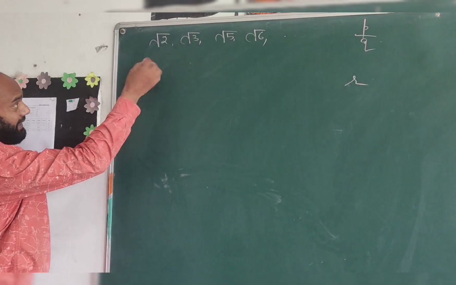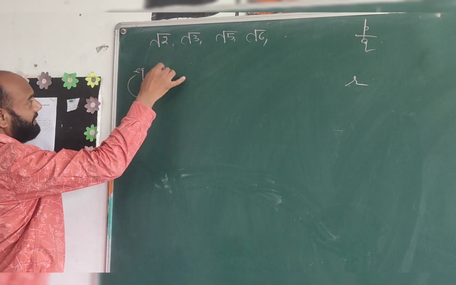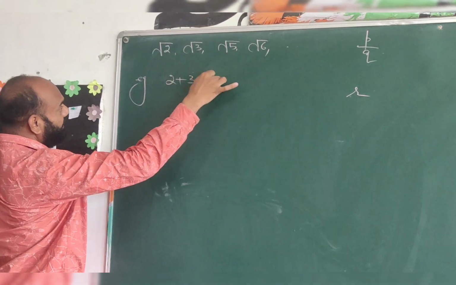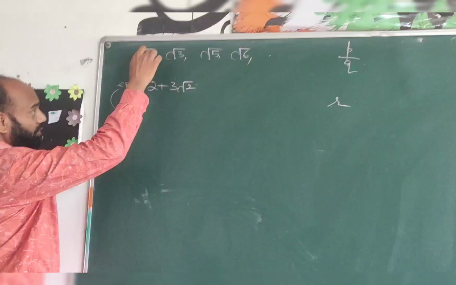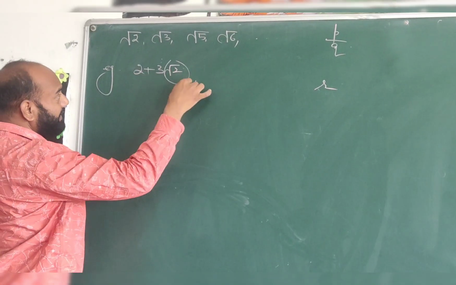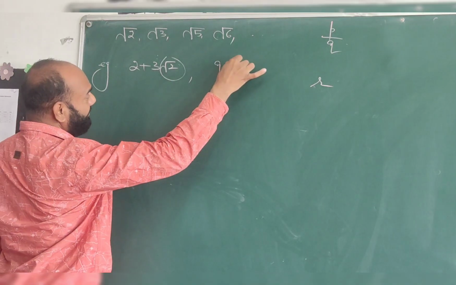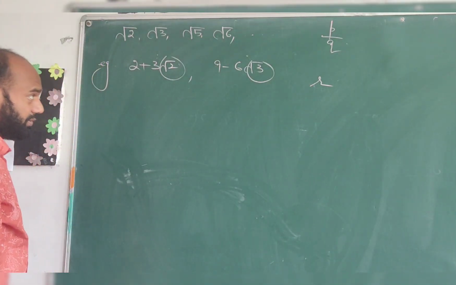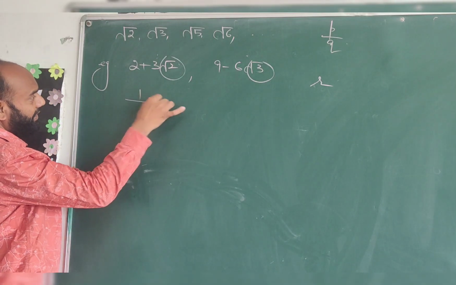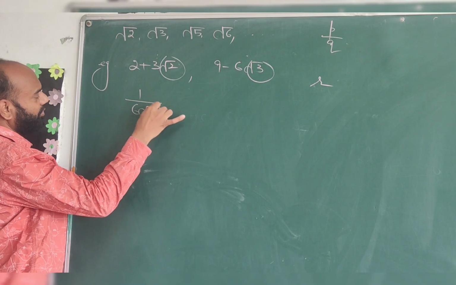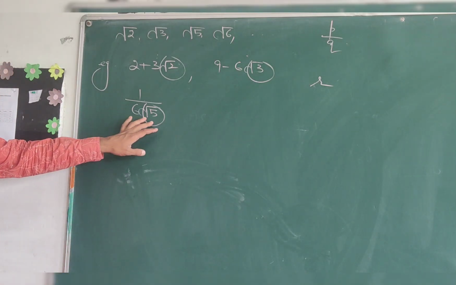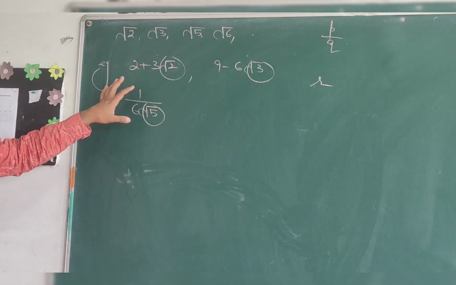Questions of this type are, for example, 2 plus 3 root 2, in which the term of root 2 is prime, and 9 minus 6 root 3, in which the term of root 3 is prime, and 1 upon 6 root 5, in which the term of root 5 is prime.